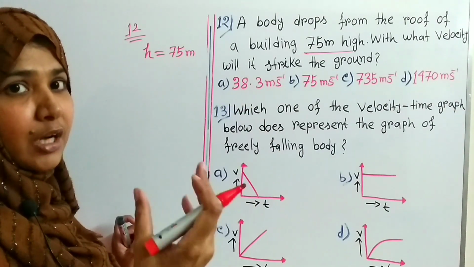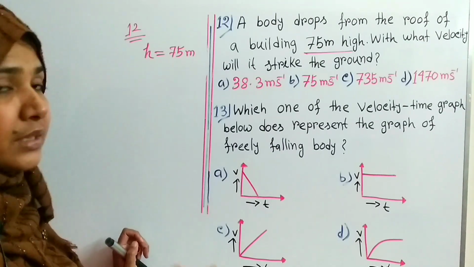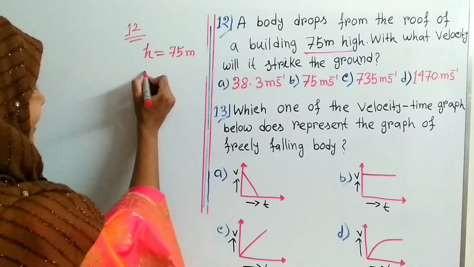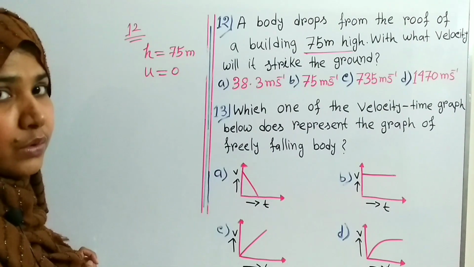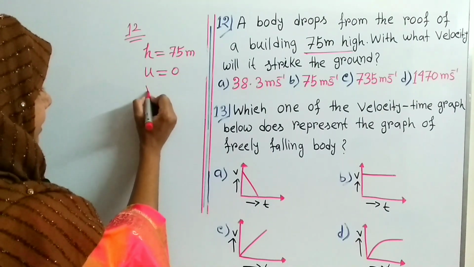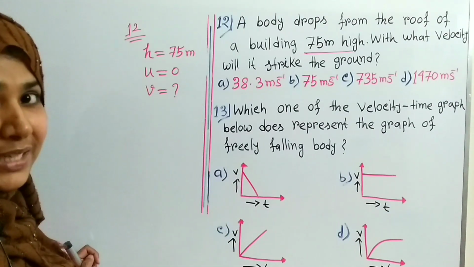That means the object acts like a freely falling body, and for the freely falling body we know that initial velocity u remains 0, and we have to calculate the final velocity, that means at which velocity that object will hit the ground.